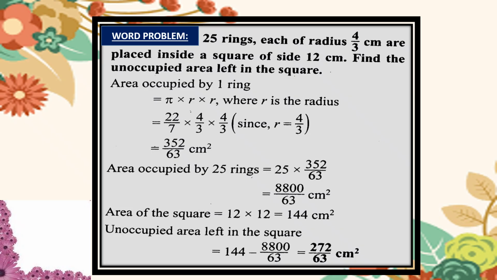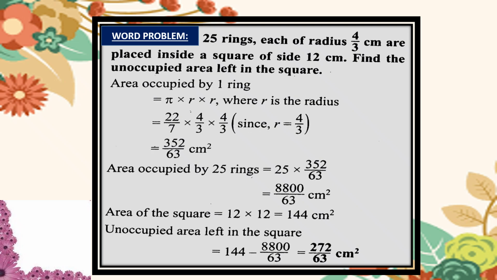Another word problem. This is based on the area of the circle and area of the square. So there is a square having side 12 centimeters, and there are 25 similar rings within the square, each of radius 4 by 3 centimeter. So r is given in the rational number form.